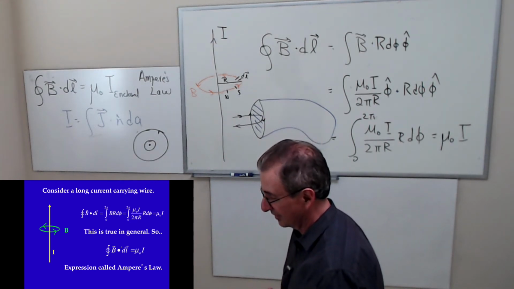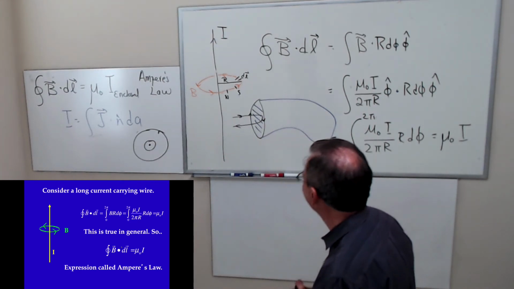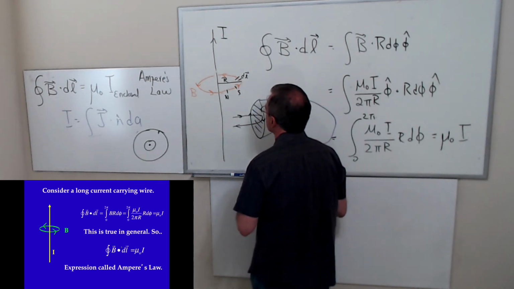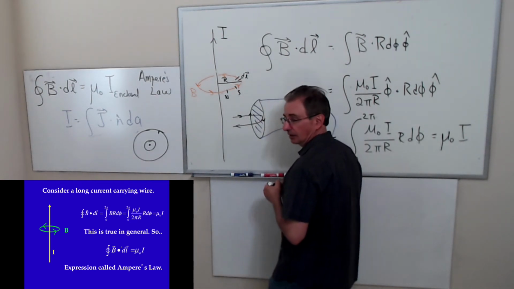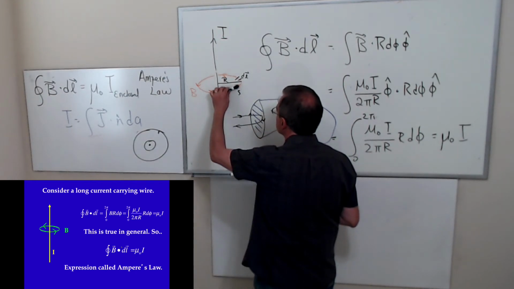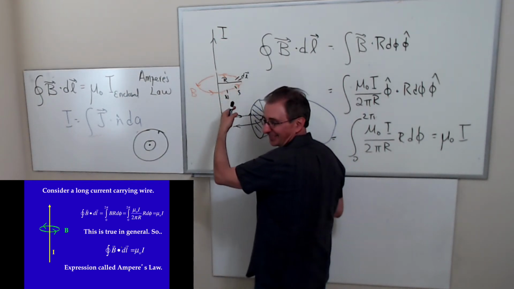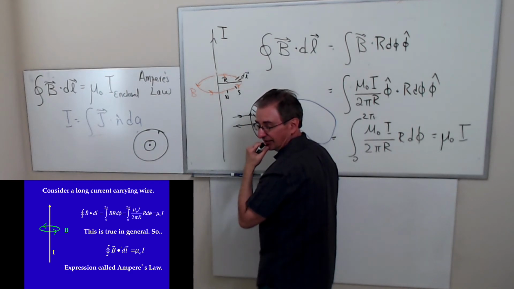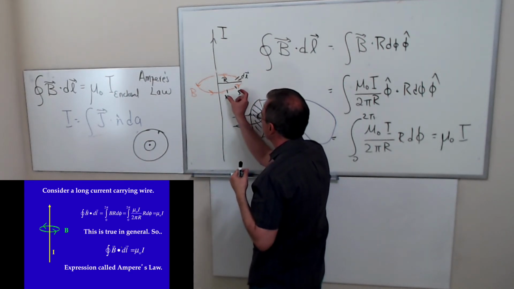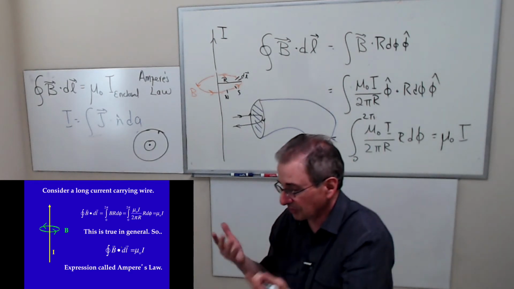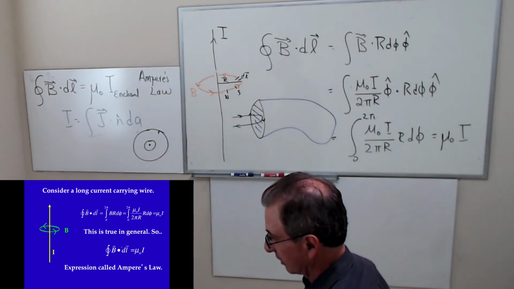If I put a compass, the north pole of the compass would point that way, right? So this would be the south pole. You can define it over a region, but not over the whole loop. You can't do it over the whole loop because it closes upon itself.